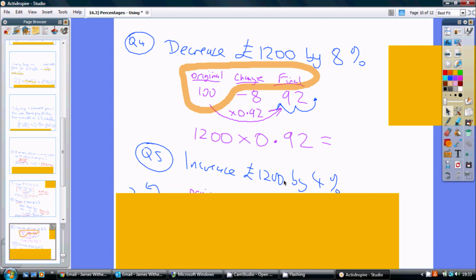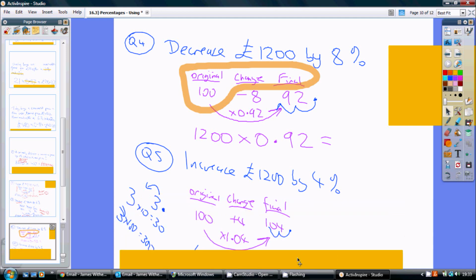And then question 5, we're increasing by 4%. So 100 add 4 is 104%, so a multiplier of 1.04. So 1,200 multiplied by 1.04. Again, sorry, I haven't worked out what that is. So whatever that is on your calculator, that's your final answer.